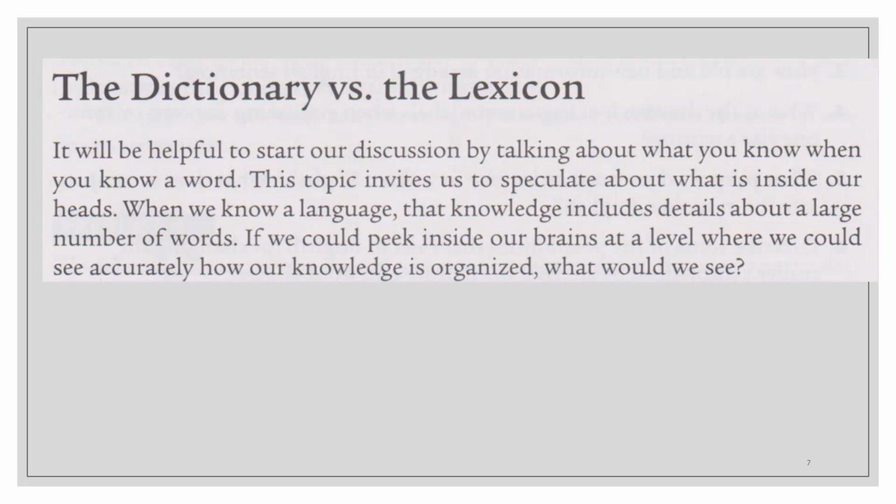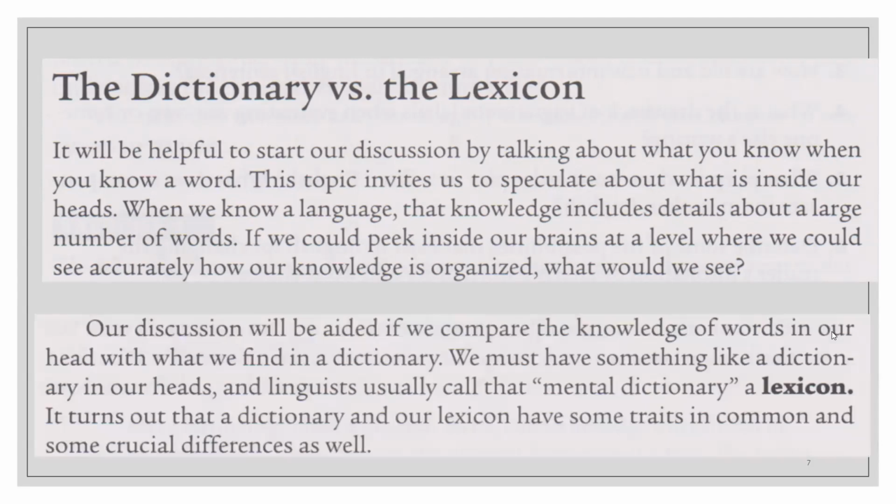And when we know a language, that knowledge of language, the knowledge of each individual word, includes details about a large number of words. If we could peek inside our brains at the neuron level, right, where we can accurately see how our knowledge is organized, what exactly would we see? How are those neural connections being formed?